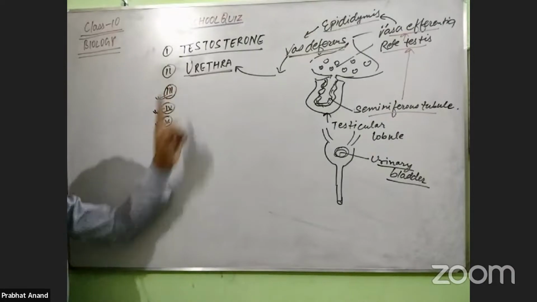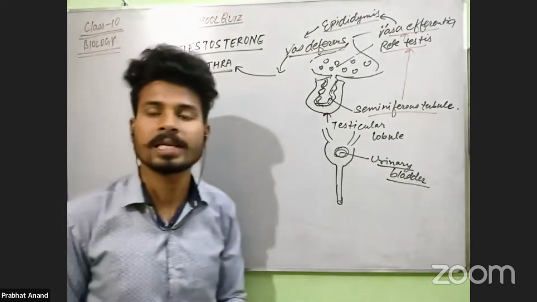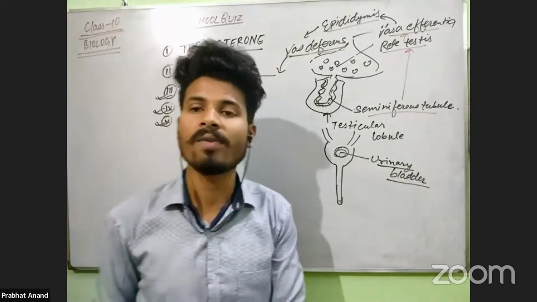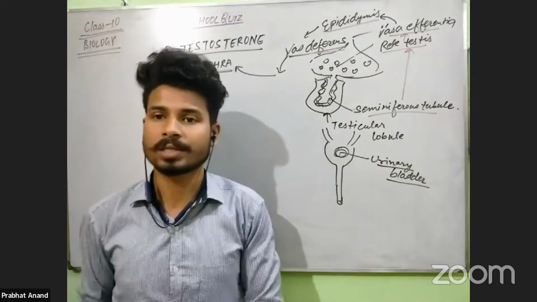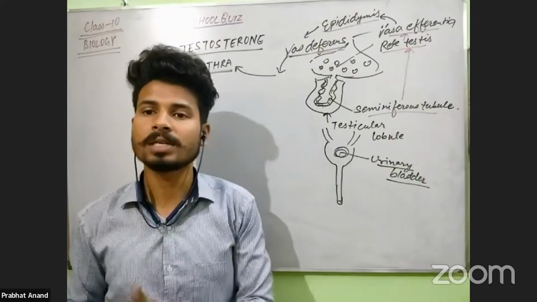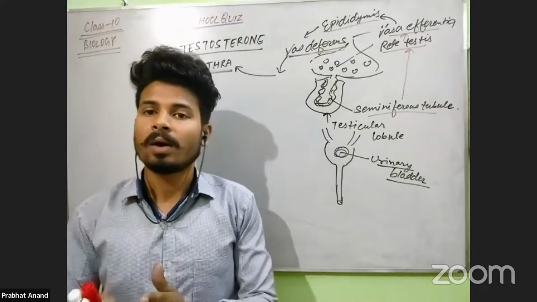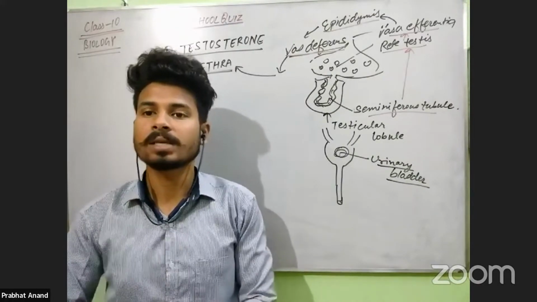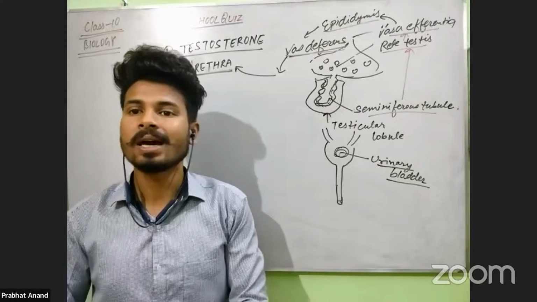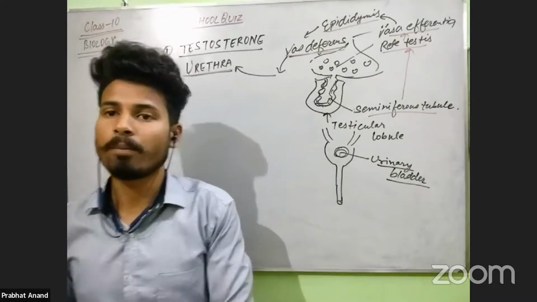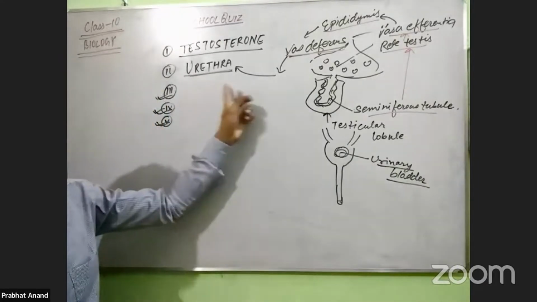And the third question related to that topic was, what is the sequence of sperm ejaculation? That is, what is the sequence of the passage of sperm from our body? So this is the sequence.